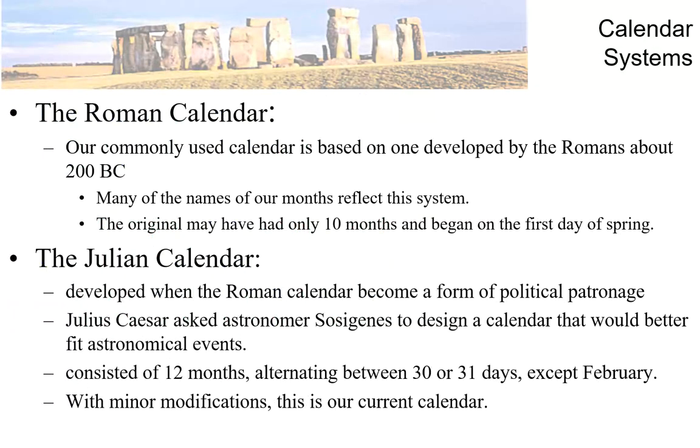Okay, so let's look at our calendar. The Roman calendar was developed about 200 BC, before Christ was born. And many of our months now reflect that calendar. It originally had, we think, notice the words may have had 10 months and began in spring. Why would we think that? Well, let's look at month names. Skip all the early ones, just go to the late ones.